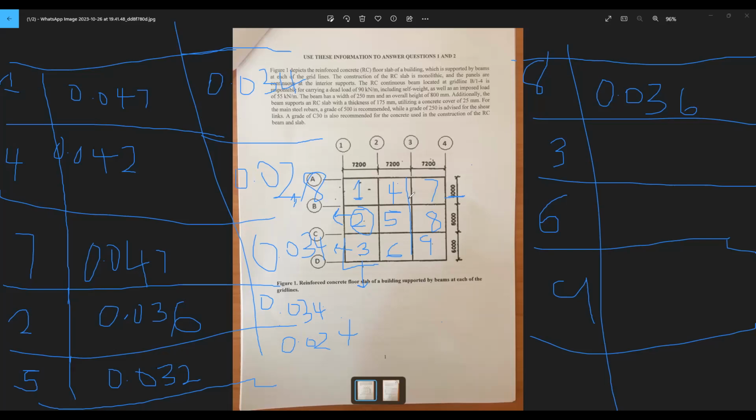Panel 6 is one long edge discontinuous. Panel 9 is two adjacent edges discontinuous. So you just trace the values for the long span coefficient there, and that will be that for the whole of question 2. You see, it's a very simple question. Very, very simple. So you do that and you are there.